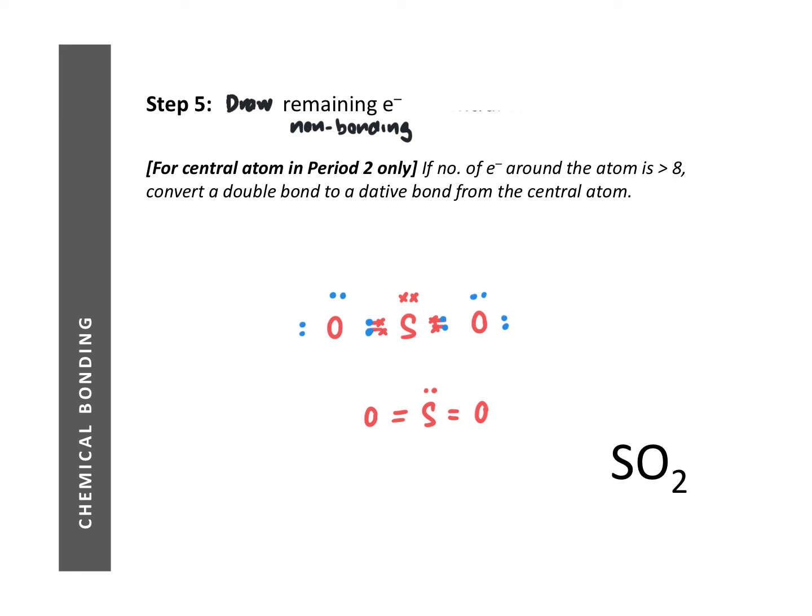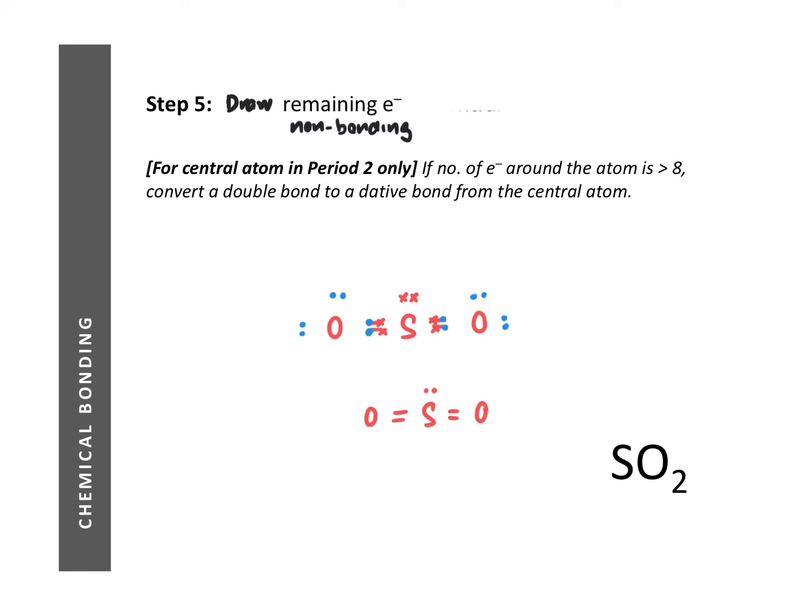Now, once again, students who are observant enough, you might again think that there's something wrong with this dot and cross diagram. Why? Because there are actually 10 electrons around sulfur. So is that possible? In O-levels, we say that the maximum number of electrons we can have around an atom is 8.